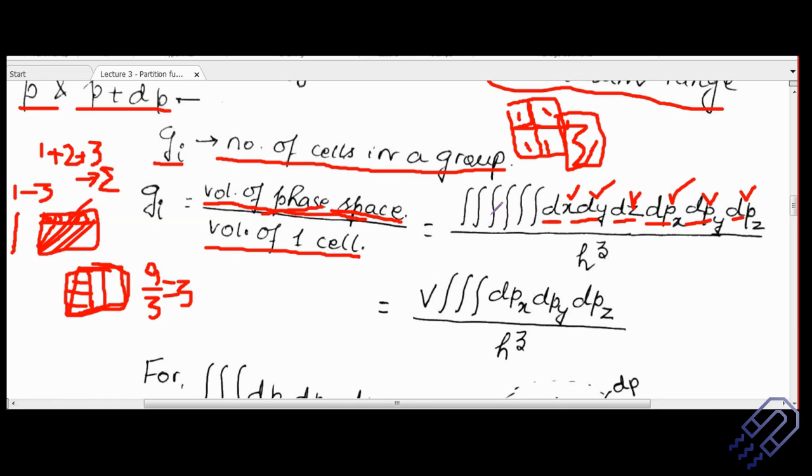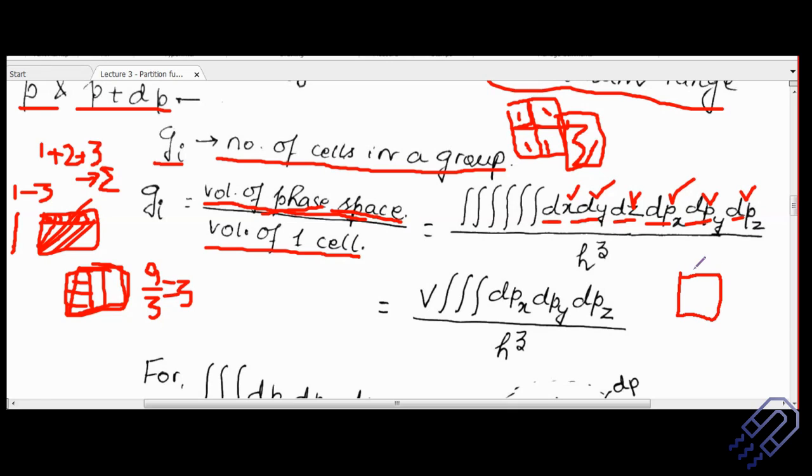See, 1, 2, 3, 4, 5, 6, divided by the volume of each cell. So we consider that the x, y, and z dimension of each cell is nothing but h, so it will be h cubed. And then when we consider the configuration space, dx dy dz, that means we are considering the volume of the entire box.